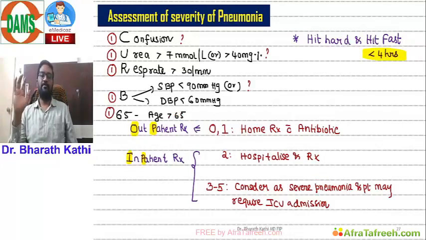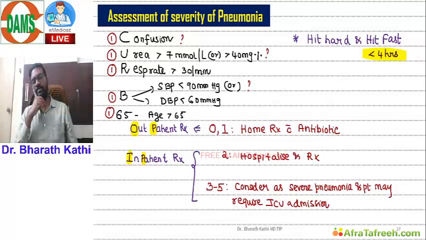So majority of treatment, let it be outpatient or inpatient, the initial treatment is generally empirical. So you have to give something depending on the patient's clinical scenario, local infection pattern and also radiological pattern, as soon as possible. So hit hard and hit fast is a dictum in pneumonia treatment in hospital.